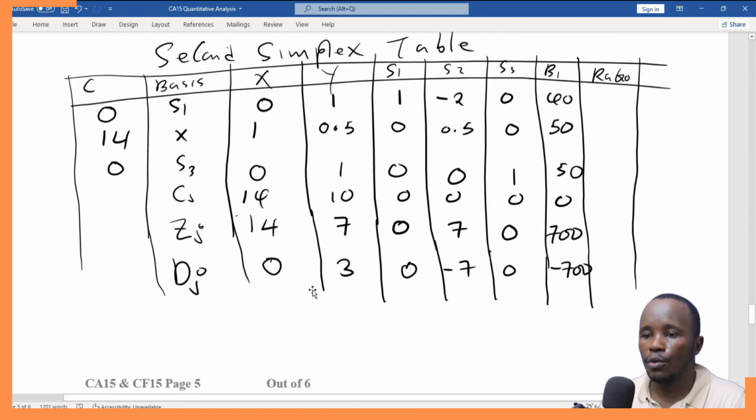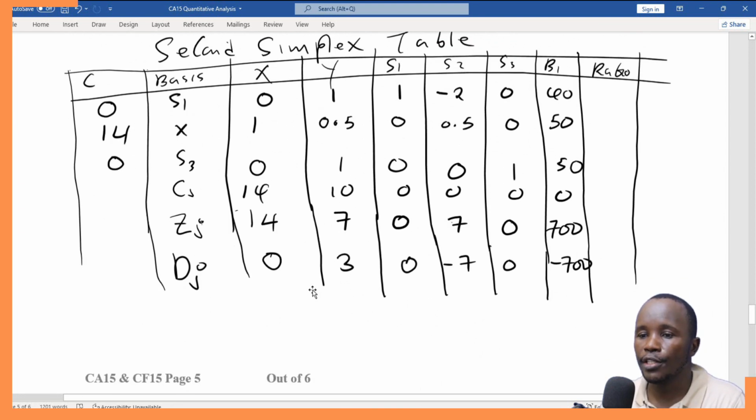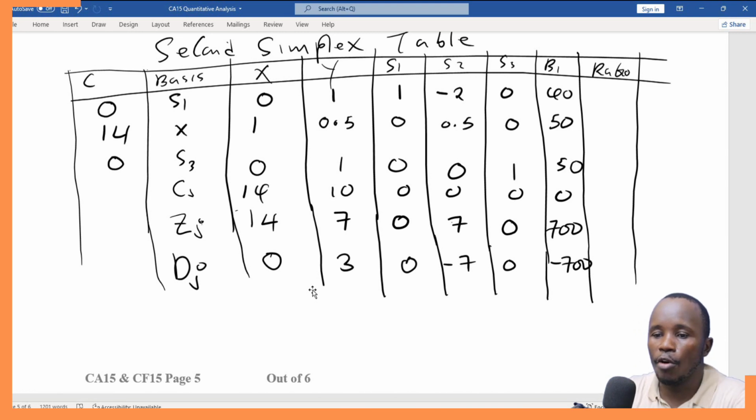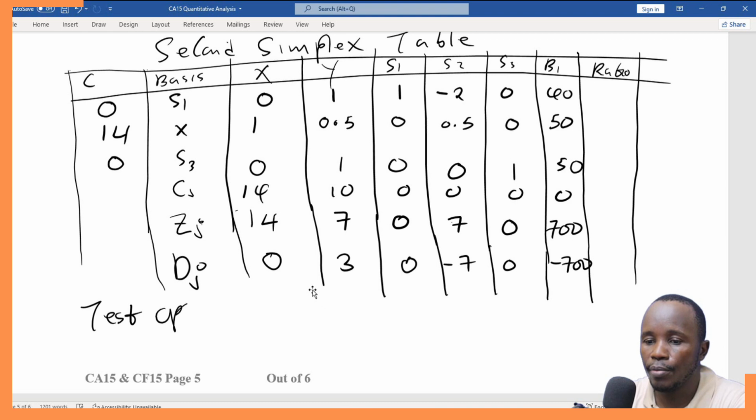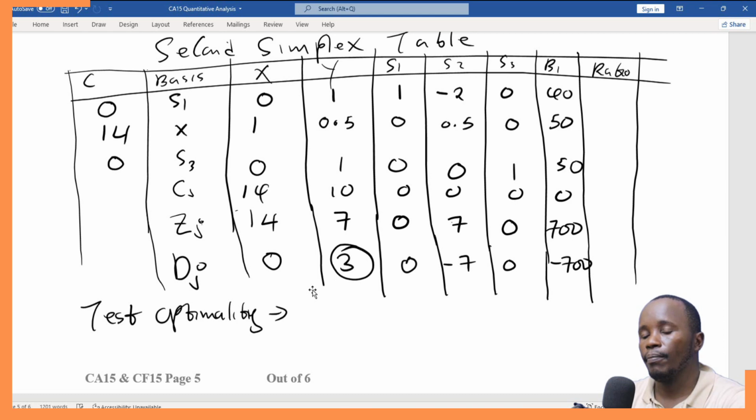Having filled this, what we need to do now is check optimality. Is it optimal? The answer is no, because 3 is greater than 0. Therefore, this is not optimal.